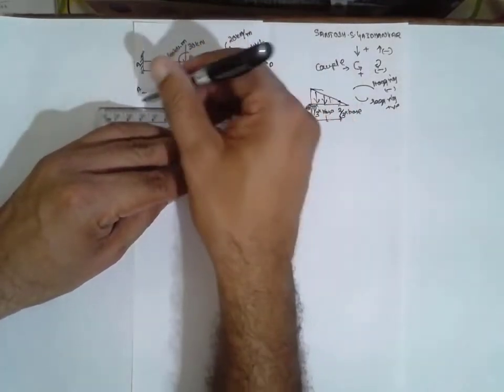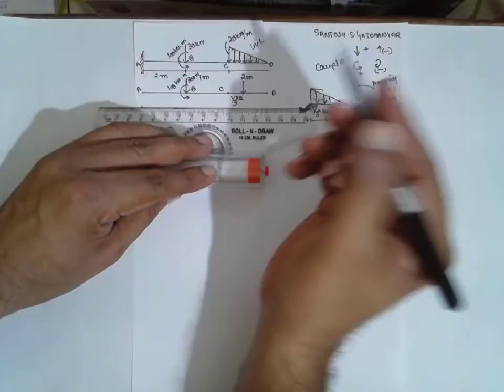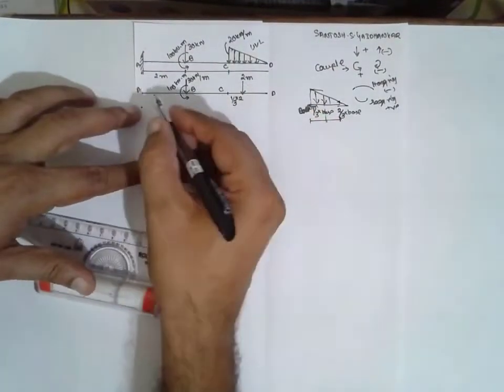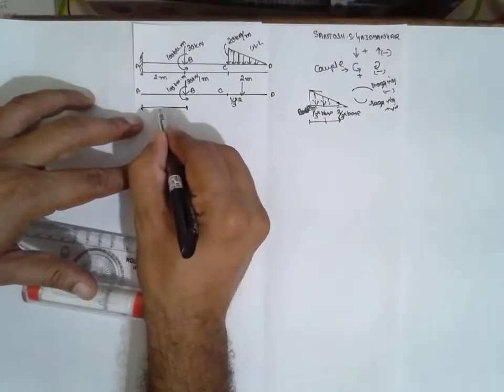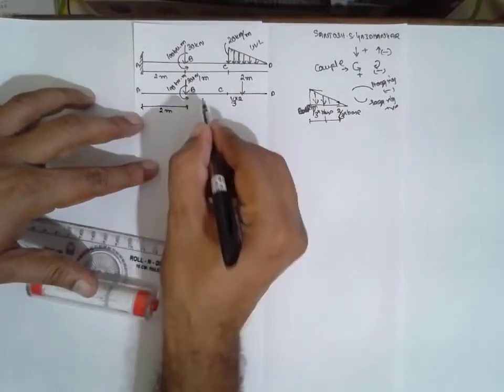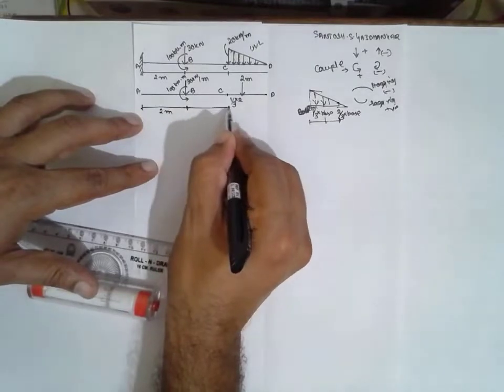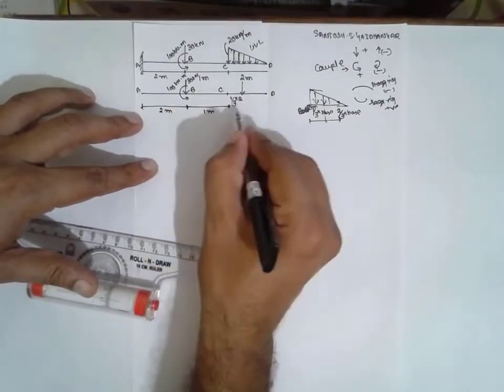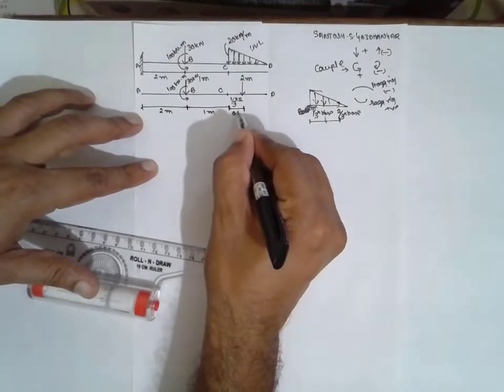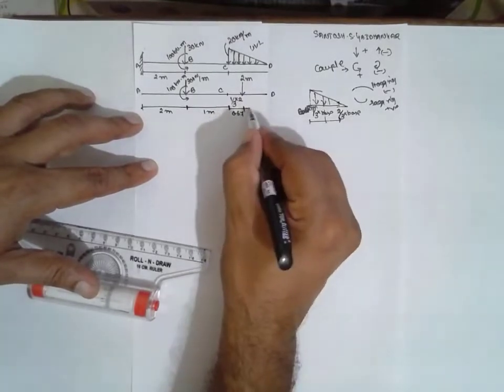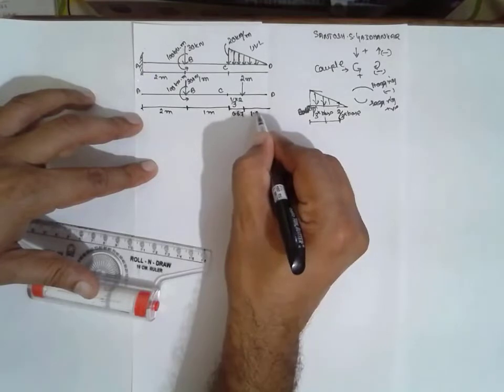Now indicate the lengths. From here to here it is 2 meter. From here to here it is 1 meter. Now from here to here it is 0.67 and here it will be 1.33.